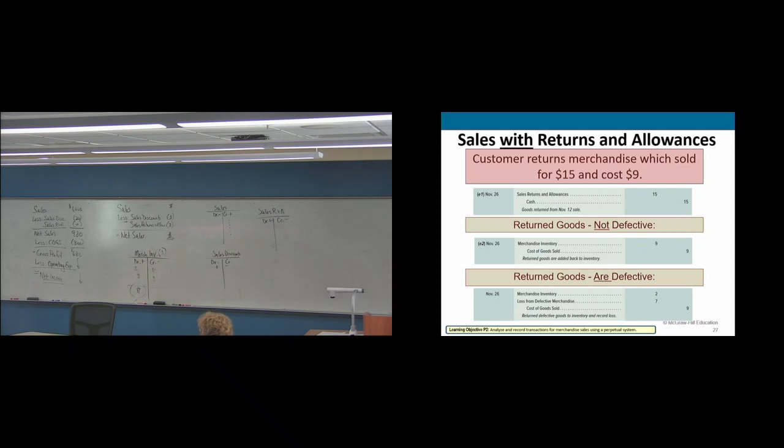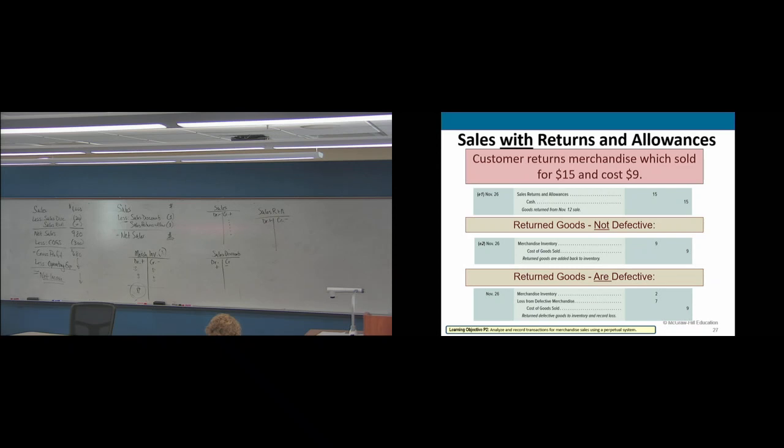So when somebody returns the goods to you, you're going to have two entries. Okay, so the first is to identify that it was a return, and it's going to reduce the original sales amount that you had. So it's a debit to sales returns and allowances, and people just want their money back. They paid for it already. If they didn't pay for it, this would be a reduction to the accounts receivable. We'll have to look at that example, okay?